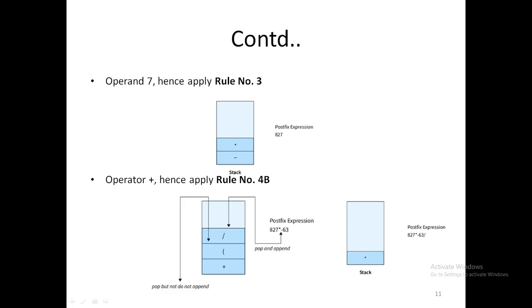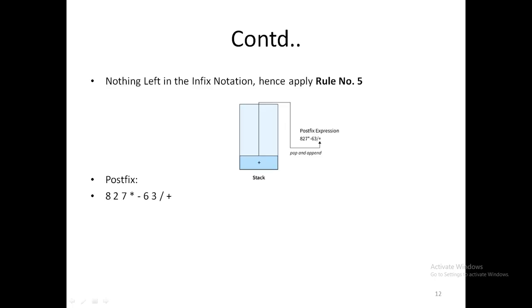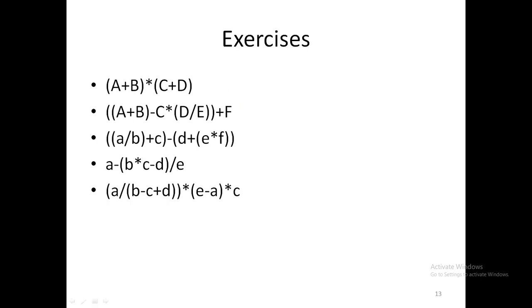When the close parenthesis came, we pop the division from the stack, then the open parenthesis came, so the remaining one is plus present inside the stack. That comes out when the whole operation is over. So this is the postfix expression.